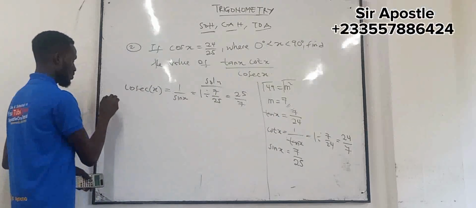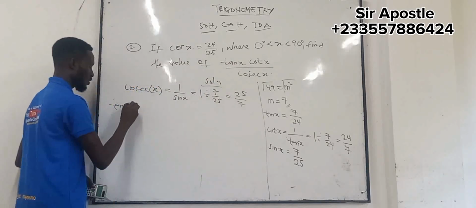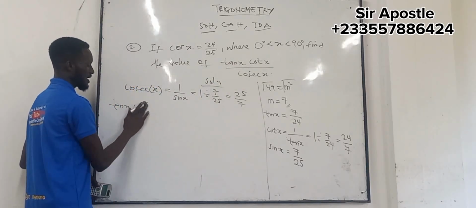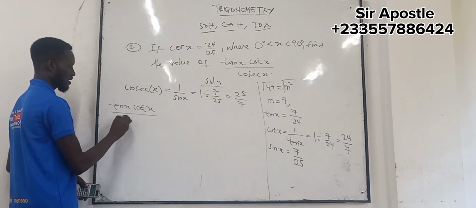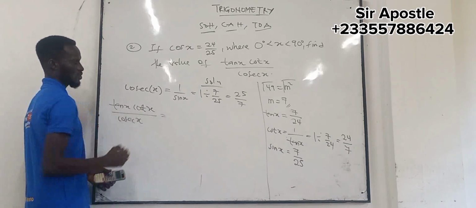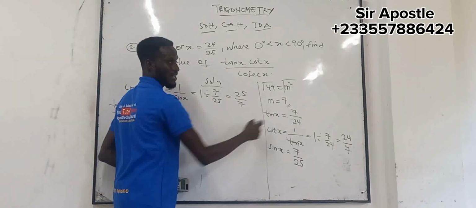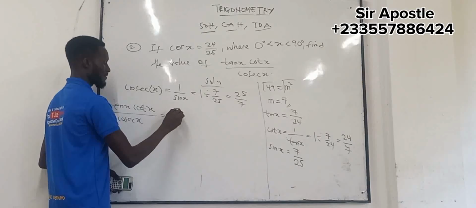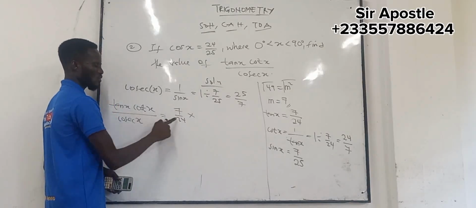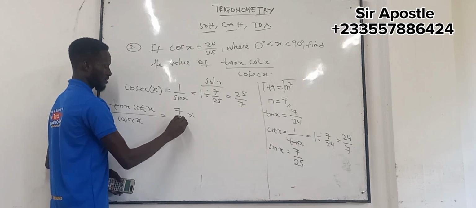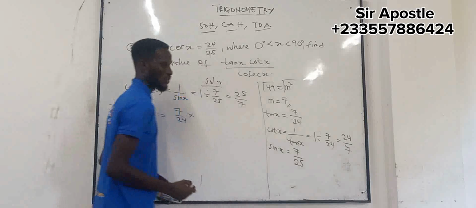Now the question says we should look for tan x times cot x, divided by cosec x. So let's substitute. What is tan x? Tan x, we had 7 out of 24. So I have 7 out of 24 multiplying cot x. And what is cot x? Cot x is 24 out of 7.